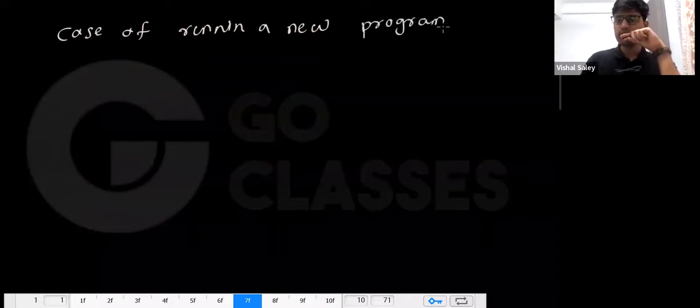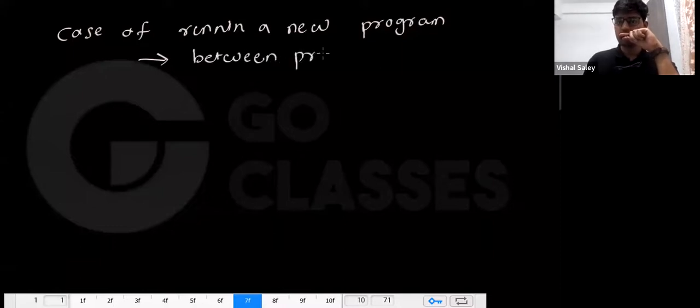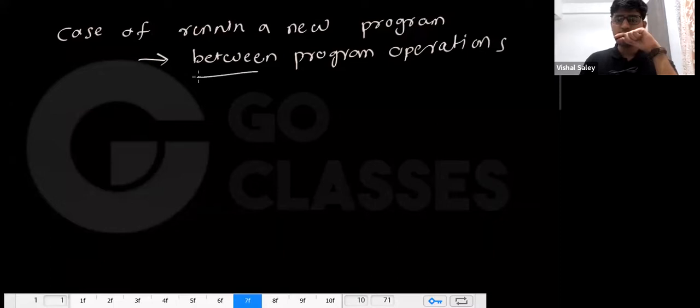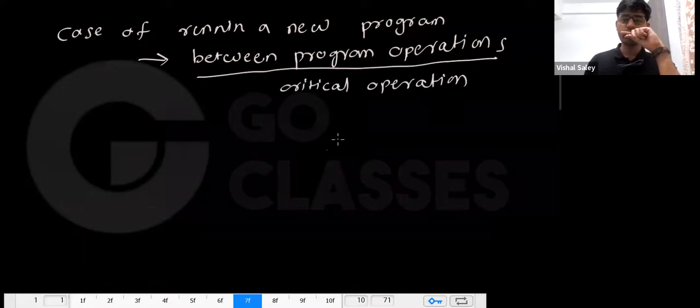When we say that we want to run a new program, it means there is some old program which was already running and now we want to run a new program, so this is between programs operations. In this case, the operating system has to change the program counter in the way that it wants. Here you are doing critical operations, and that's why you need mode bit to be 0.